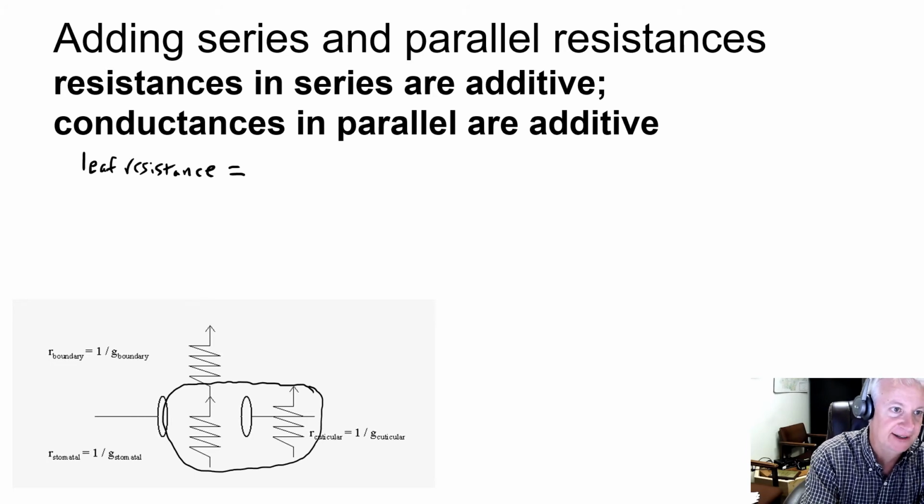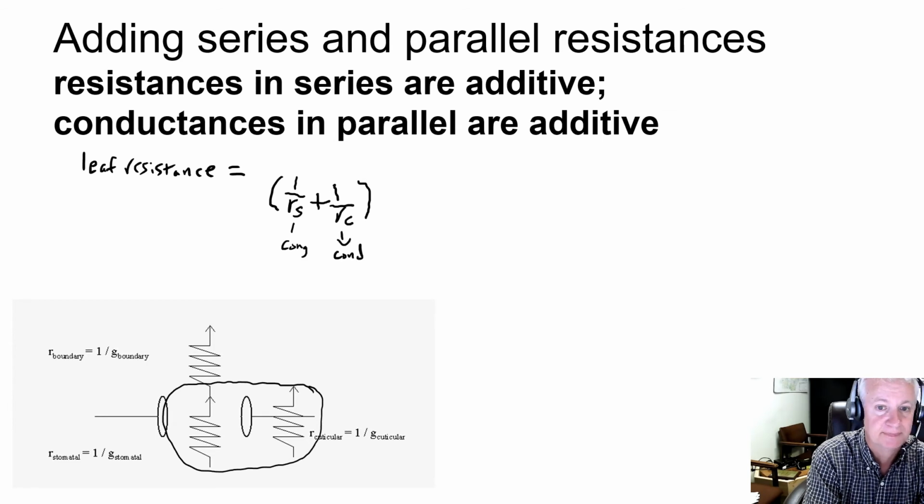Since those are in parallel, they have to be added as conductances. And remember, a conductance is just an inverse resistance. So we add them as conductances, which is just 1 over stomatal resistance plus 1 over cuticular resistance. So that's a conductance. That's a conductance.